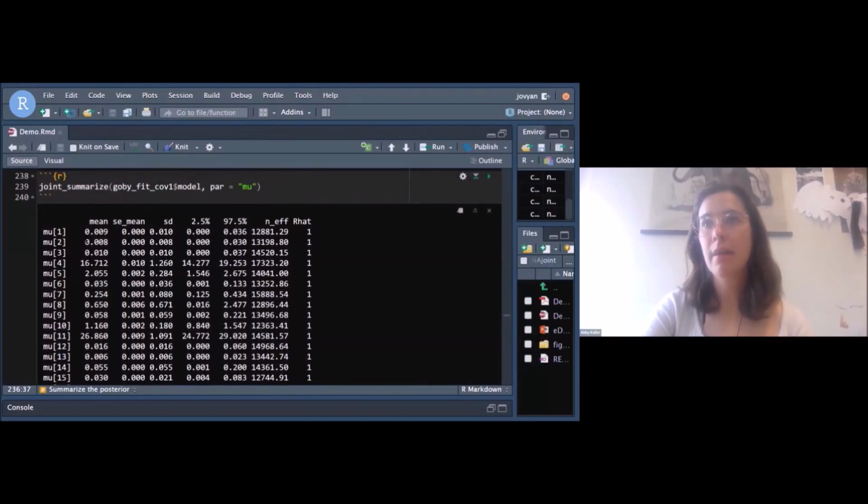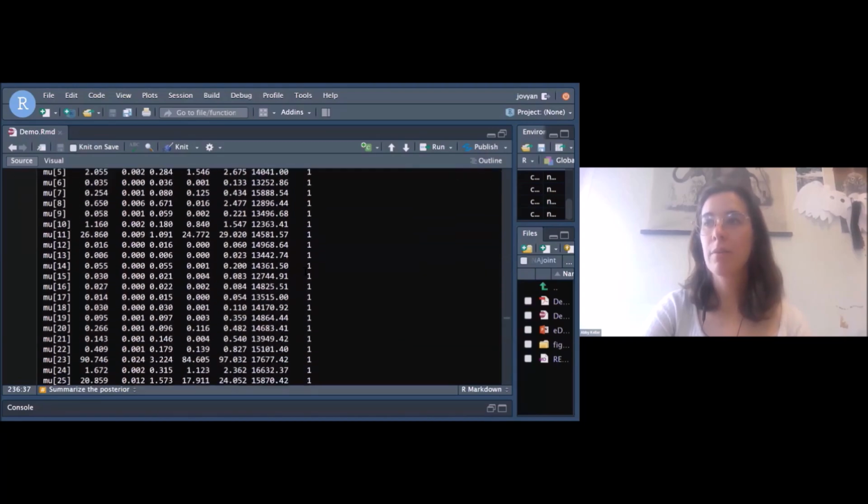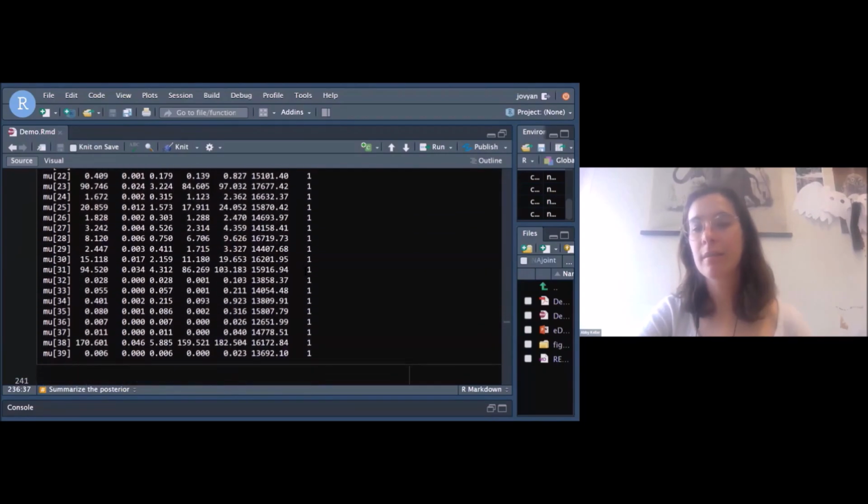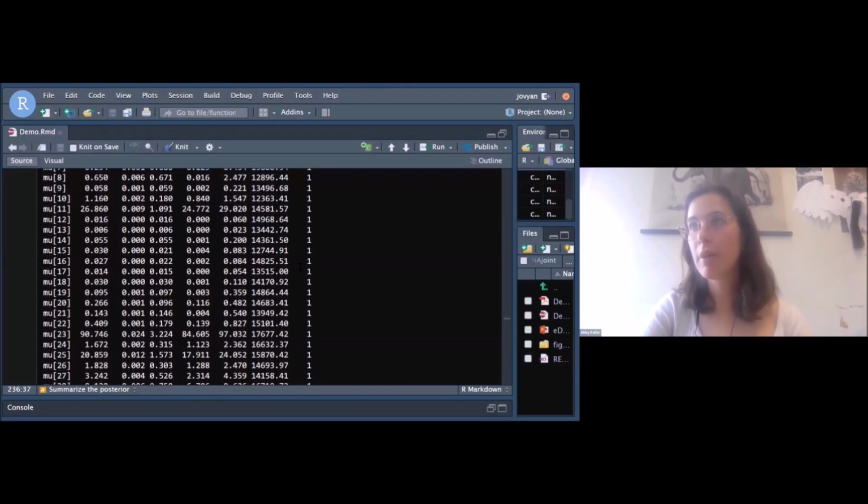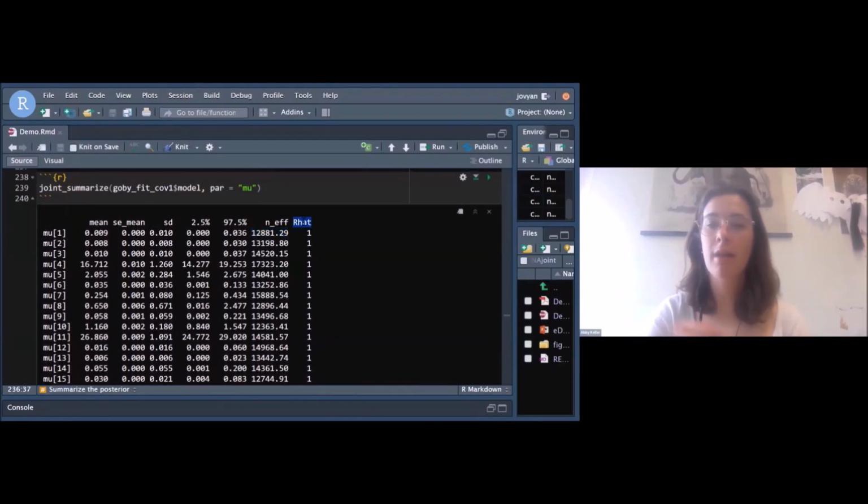We can again see the mean of the posterior, the lower and upper credibility intervals, effective sample size, and R hat. And if we scroll down, we see that it appears we can trust our results. The algorithm converged. Our important R hat diagnostic is less than 1.1.